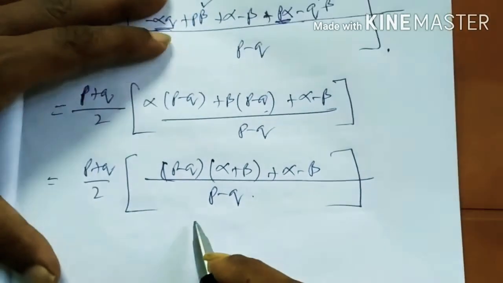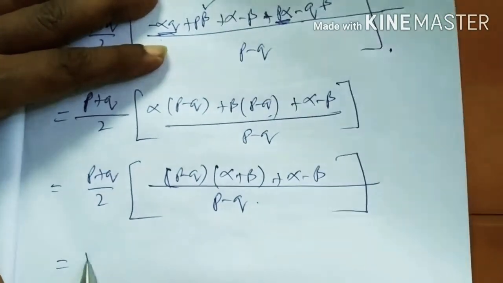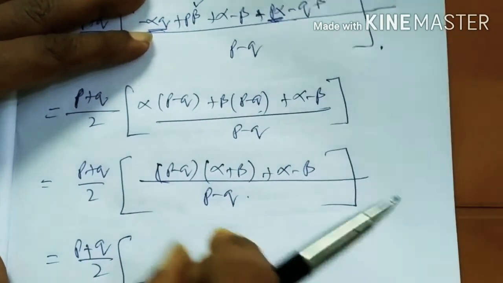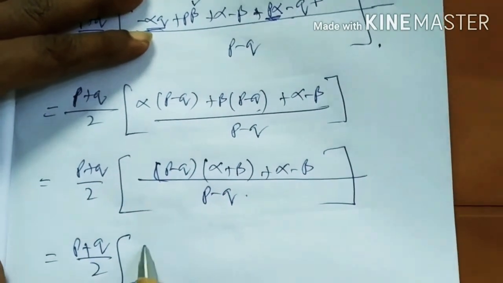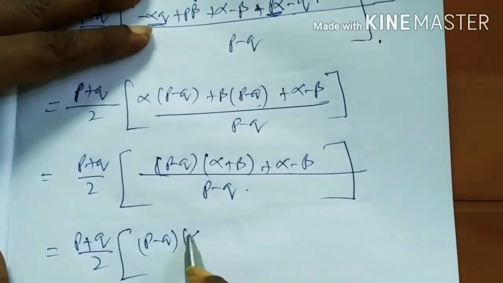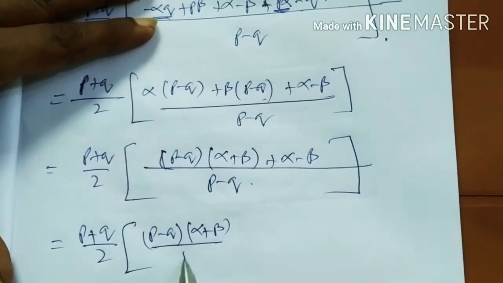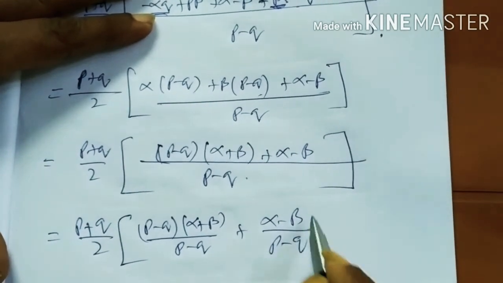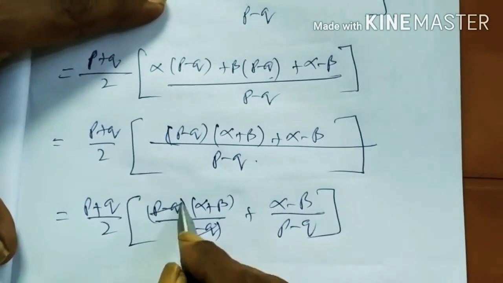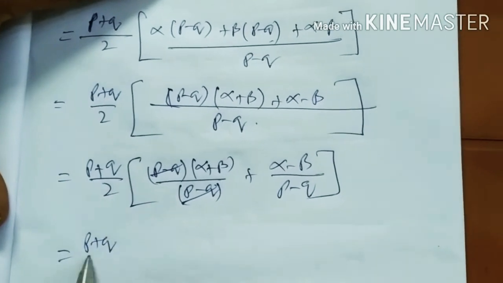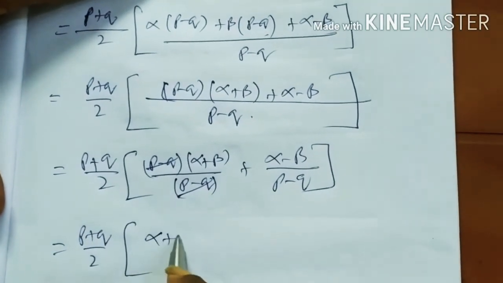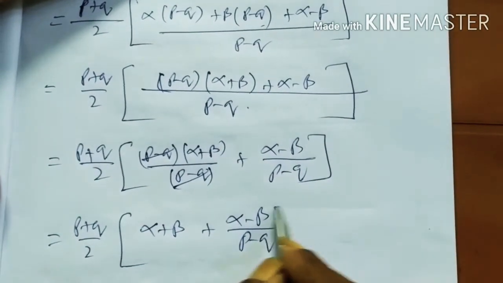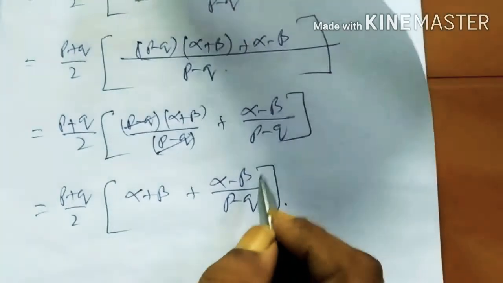Now you see one thing, (p minus q) by 2, (p plus q), LCM has been divided into two parts: (alpha plus beta) by (p minus q) plus (alpha minus beta) by (p minus q). Here p minus q cancels out, (p plus q) by 2 times (alpha plus beta) plus (alpha minus beta), p minus q. See, this you have to prove in the question.